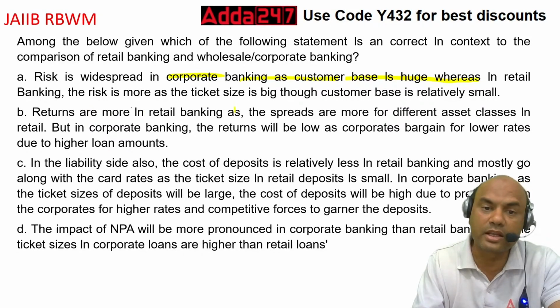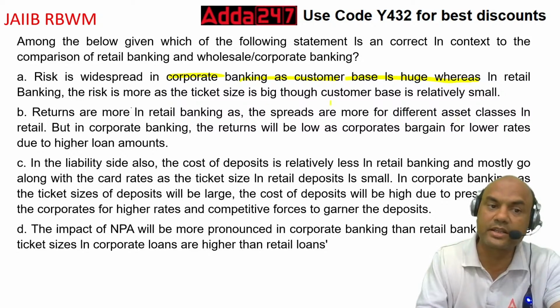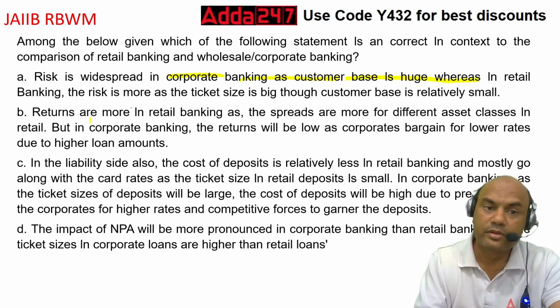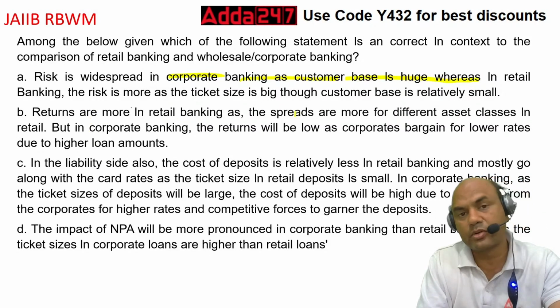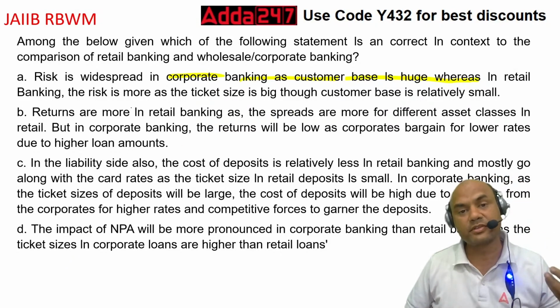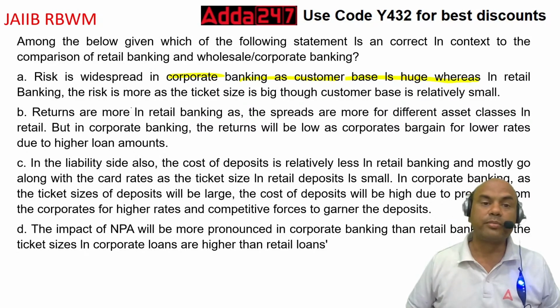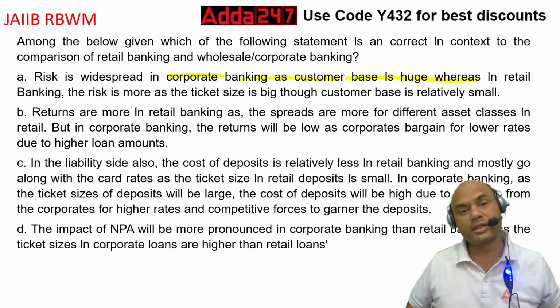Returns are more in retail banking as the spreads are more for different asset classes in retail. So what do you mean by this spreads are more? Understand this. For home loan, I'll give you repo plus 1% or 2%. For personal loan, I'll give you repo plus 5%.